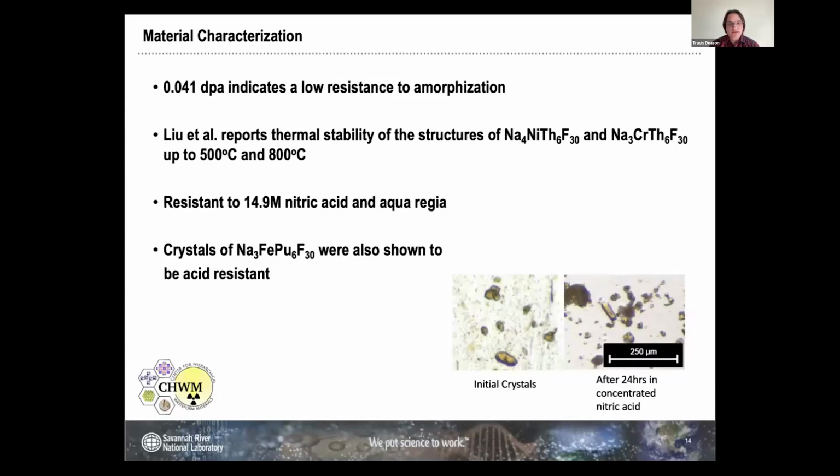And you can see in these pictures on the bottom here that the crystals of the plutonium analog were shown to be acid resistant as well. So the initial crystals on the left versus after 24 hours in concentrated nitric acid, it is still crystalline. So again, acid resistance and thermal stability are good characteristics of waste forms.